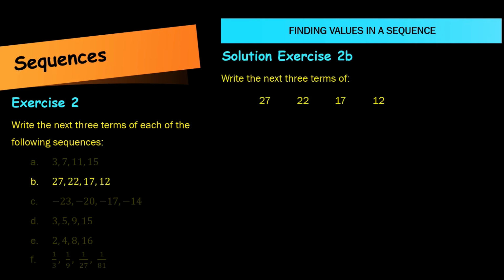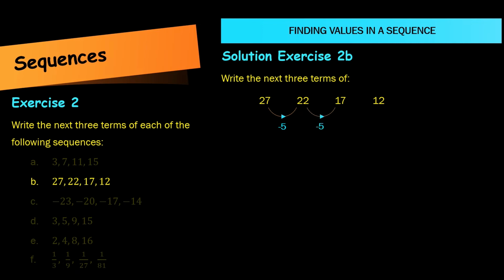We are required to write the next three terms of 27, 22, 17 and 12. Again, let's find the difference between each consecutive term. So the difference between 27 and 22 is 5, but we've gone down by 5, so we subtract 5.